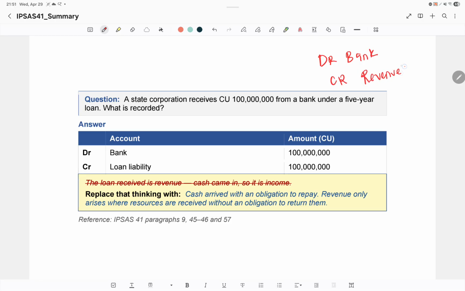That's most probably what you used to do. But currently, under accrual basis, we will debit bank and credit a liability. So the loan received is no longer revenue. So we need to replace our thinking. Cash arrived with an obligation to repay.